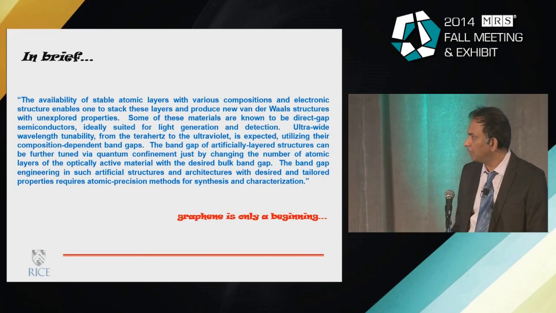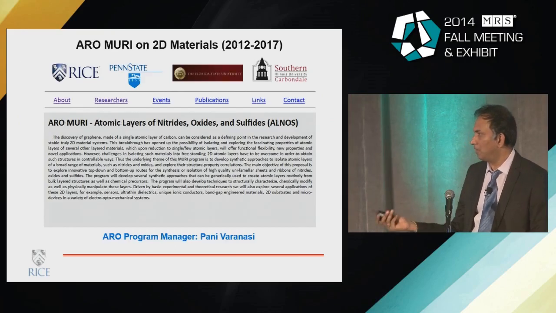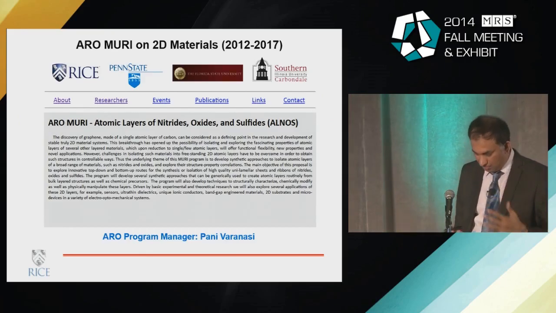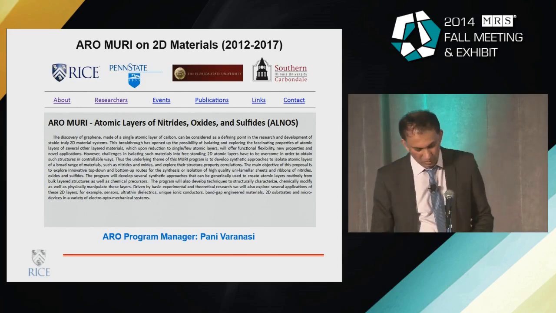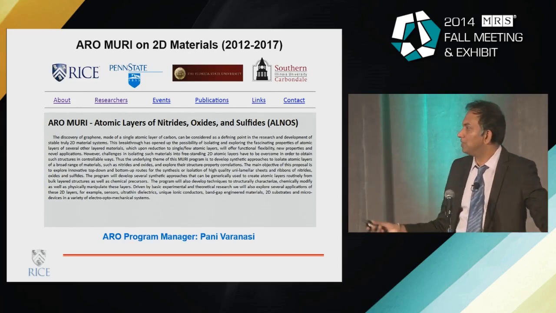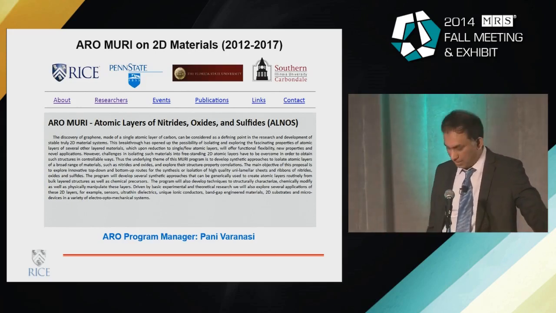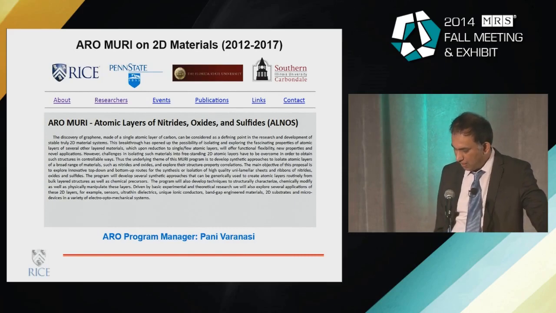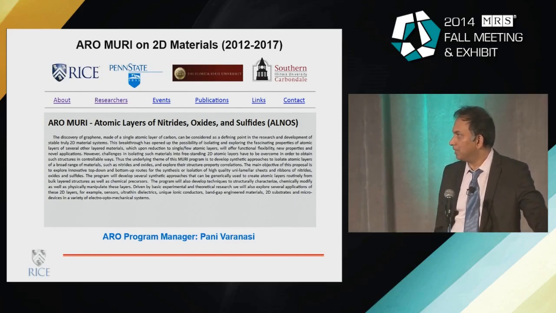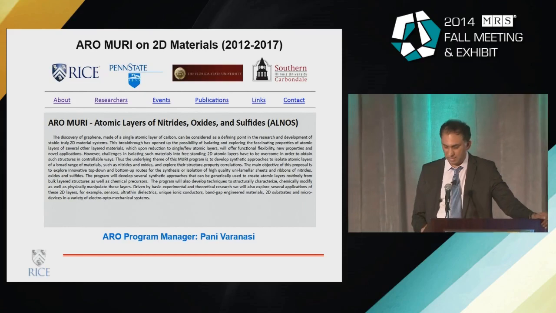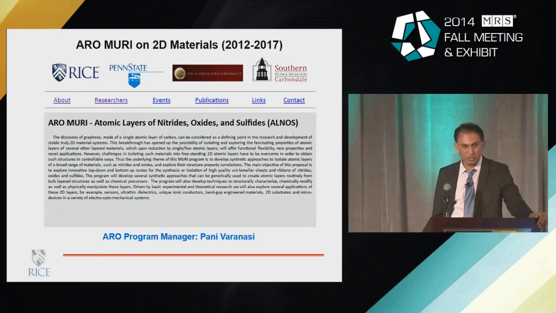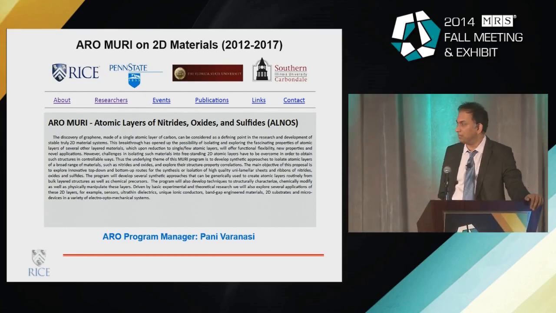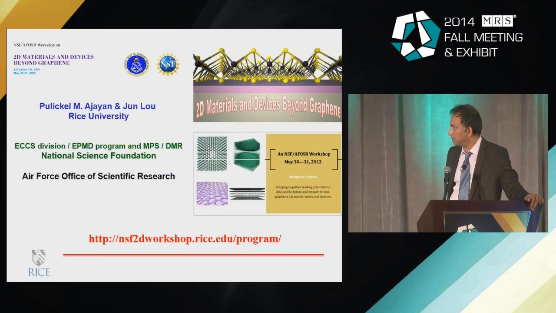So I also want to acknowledge, we in fact started our basic work on these 2D materials with the MURI program from the Army Research Office. And I want to acknowledge that program because that really set us in this mode of looking at 2D materials as a major building block for material synthesis.